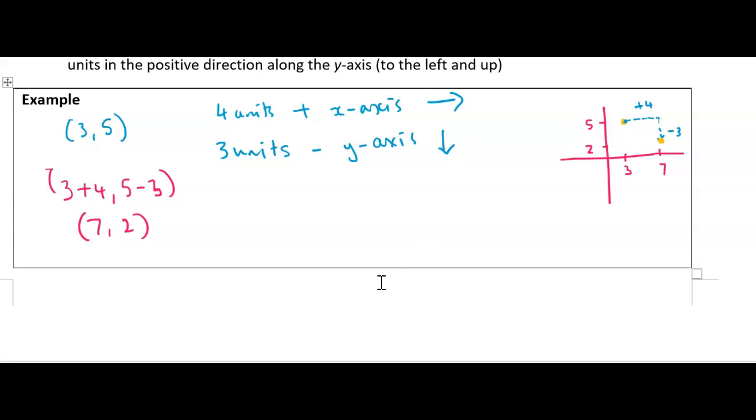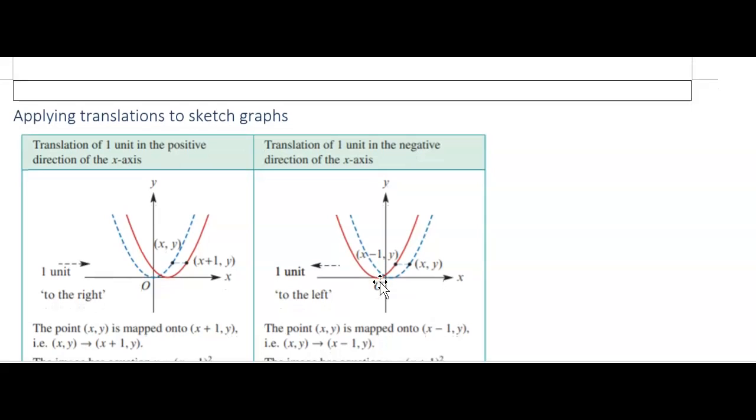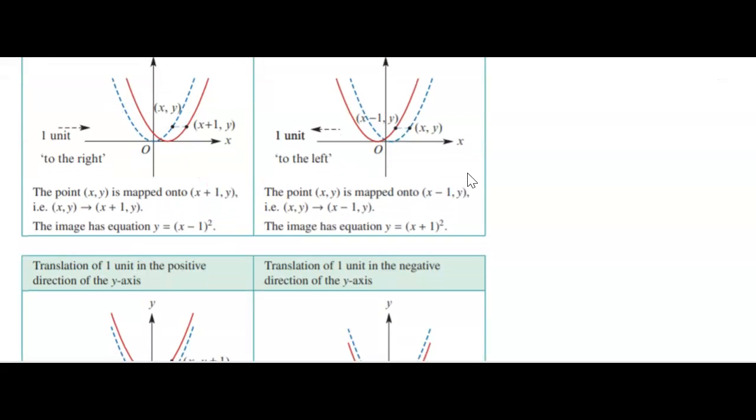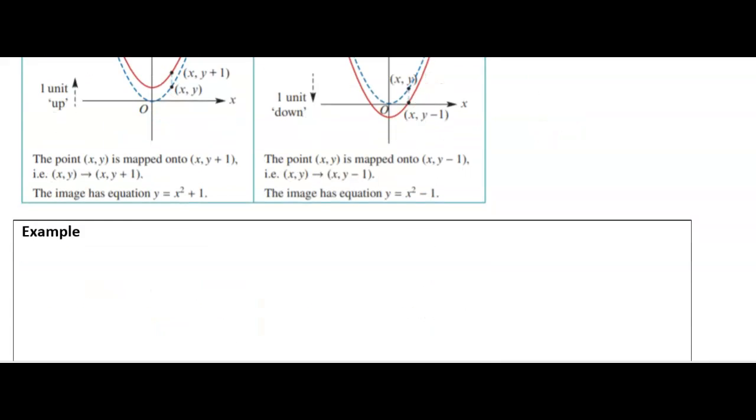So your new point is going to be 7, 2. Now, just looking at sketching, these diagrams show a parabola that has gone left, right, up or down, and you can see how the points are mapped here, and then your resulting equation. We're going to have a look at why we've got a negative there in a second, but basically we've got a basic parabola, which is blue, and it's either gone to the right, as in the first example, to the left in the second example, and then we've got up and down.